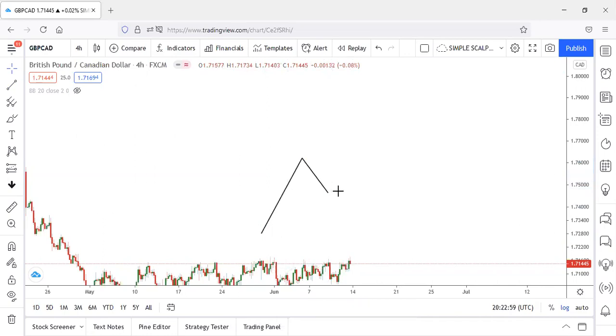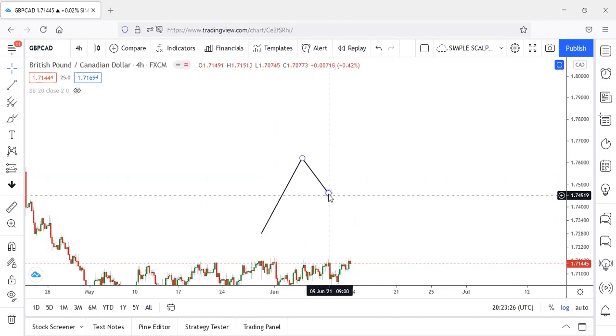A pullback is like a human being. The market is like a human being: when we breathe out, we definitely want to breathe in oxygen. It's the same with the market. When you see a push like this in a direction, that means the market is breathing out, it's distributing.